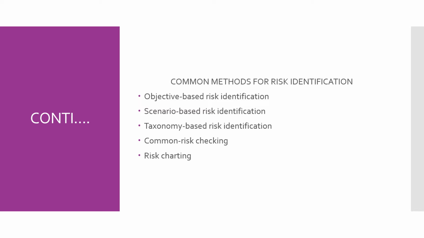And the third way, they determine the combination of threats and resources involved and the consequences out of that. So these are the various ways by which they identify the risk.